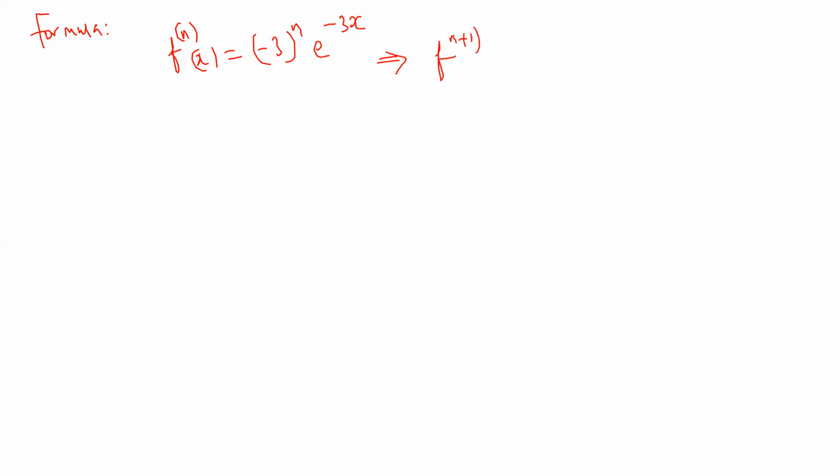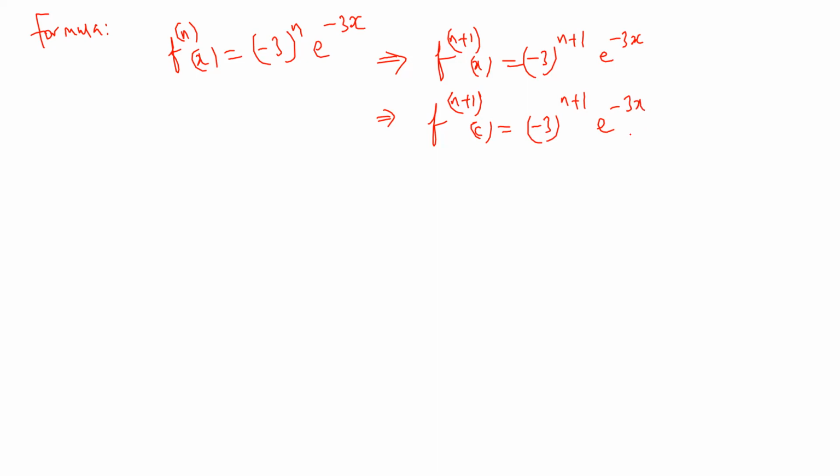The (n+1)th derivative, which is minus 3 to the power n plus 1, e to the minus 3x. The (n+1)th derivative is given by that one. So for our purpose, it becomes the (n+1)th derivative at c, which is minus 3 to the power n plus 1, e to the minus 3c.